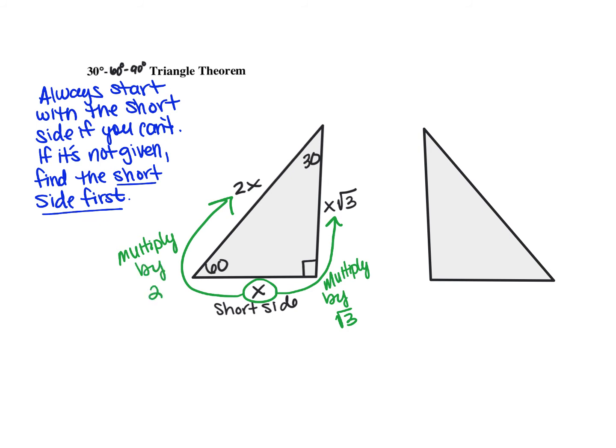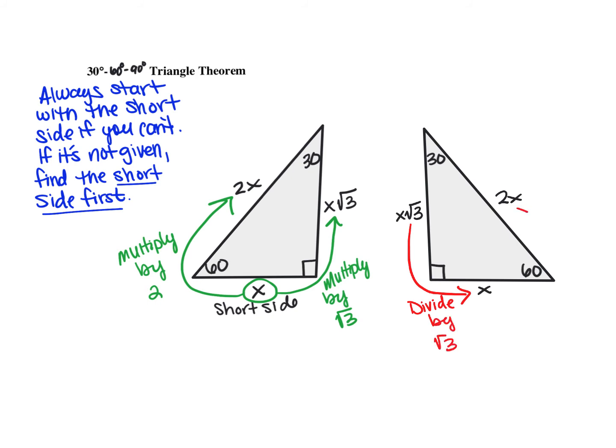So let's look at this other triangle now. Let's say you're not given the short side first. Let's say you are given the other leg. That's not the short leg, so it would be the medium-sized leg first. If I wanted to go from the medium leg to the shortest leg, you would divide by root 3.